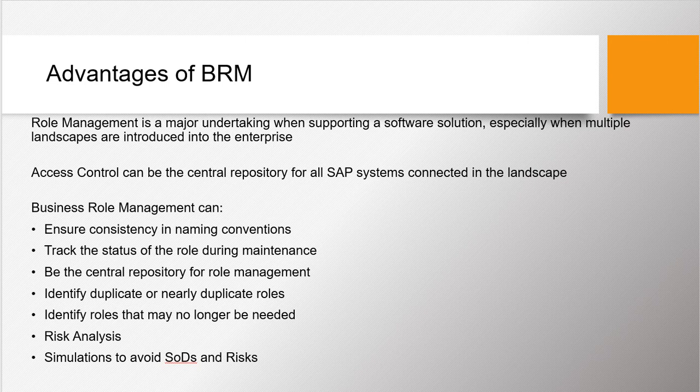Now, like I said, SAP Access Control is a central repository for all systems connected in your landscape to track the role status during the design and maintenance, especially when multiple landscapes are introduced in your enterprise.